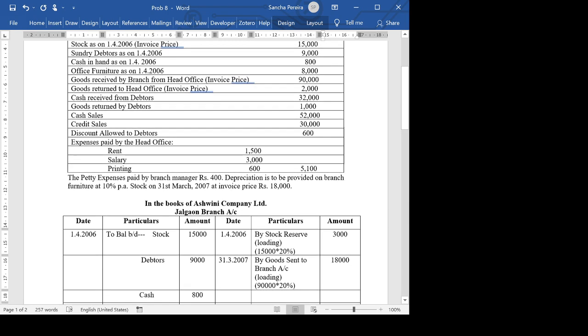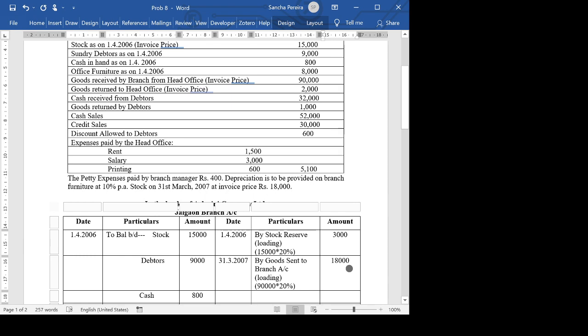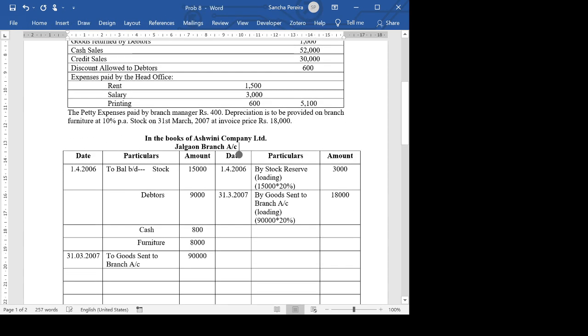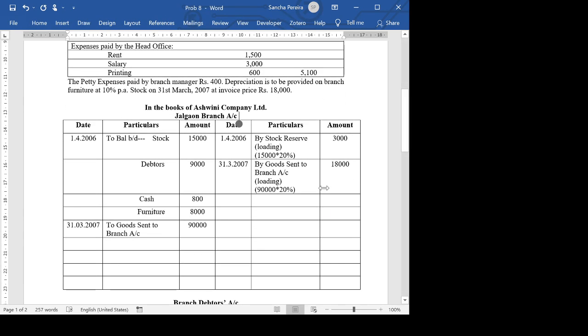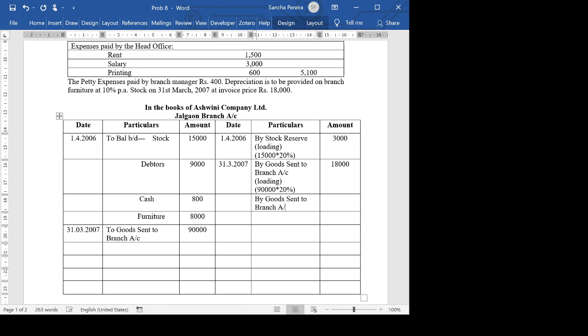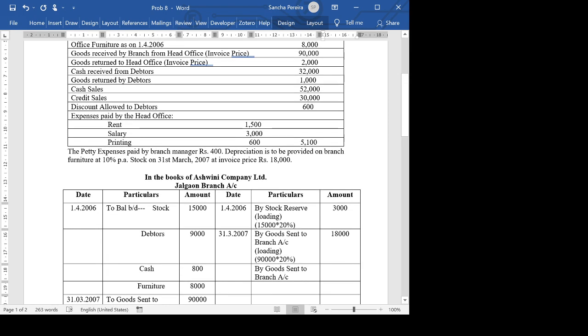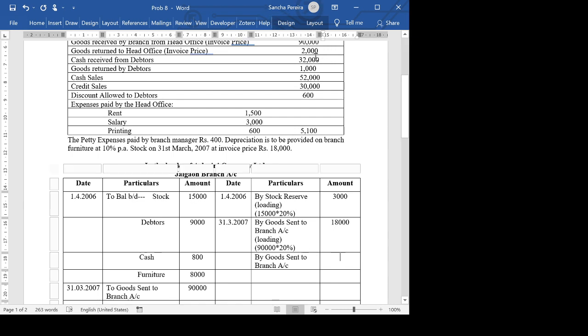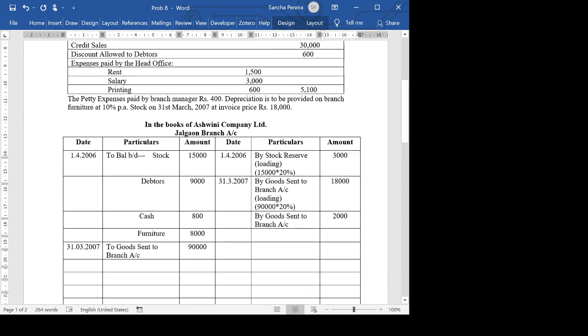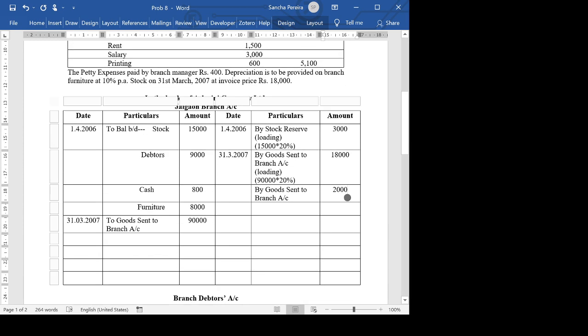Okay. Next is goods returned to head office. That is, now the branch is sending goods back to the head office. So here we have, same thing, by goods sent to branch account, that is 2,000, and accordingly we need to calculate loading on the other side.